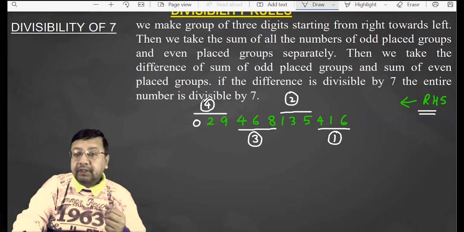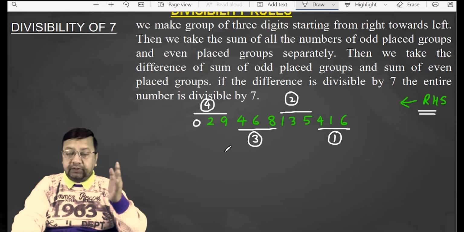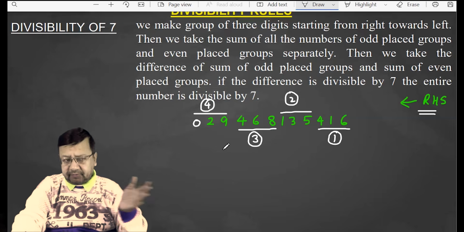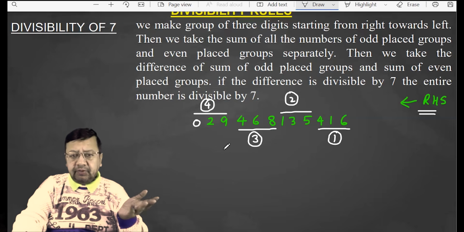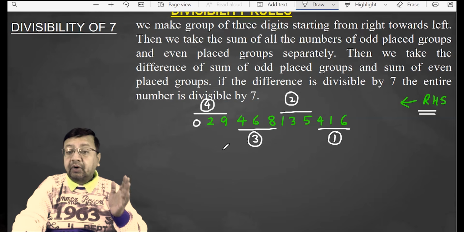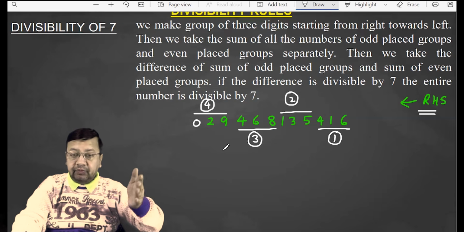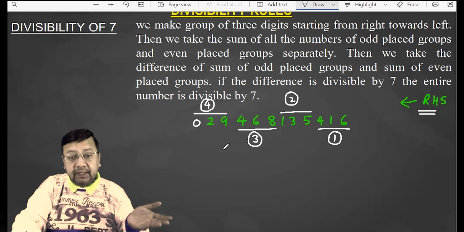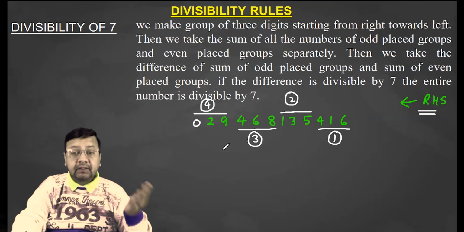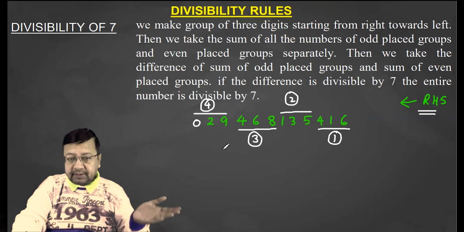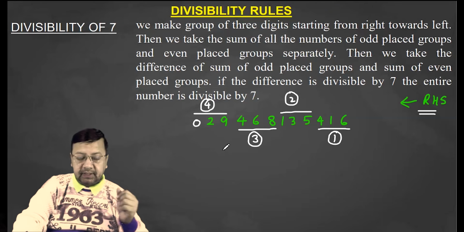So now there will be some groups at 1, 3, 5, 7. Suppose if the number is big, the groups come at odd places. There will be some groups at 2, 4, 6, at even places. So separate them: even place groups separately, odd place groups separately, right?